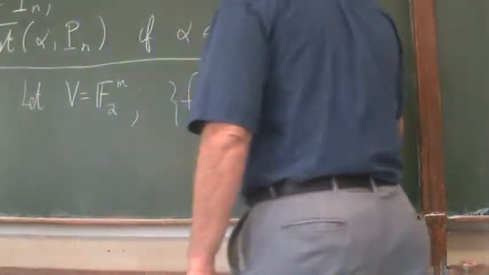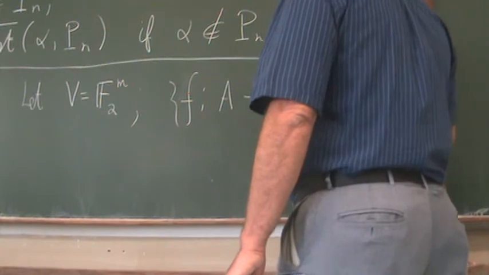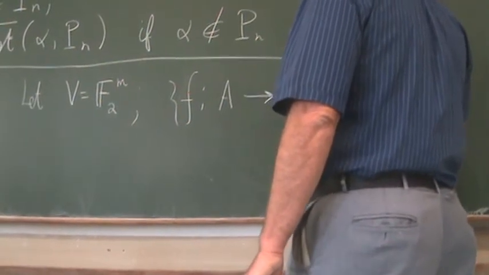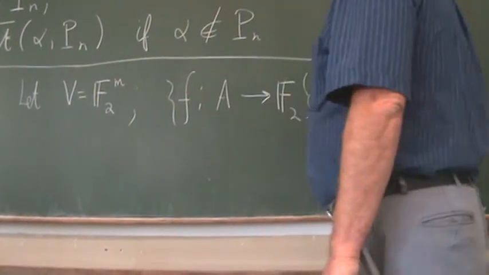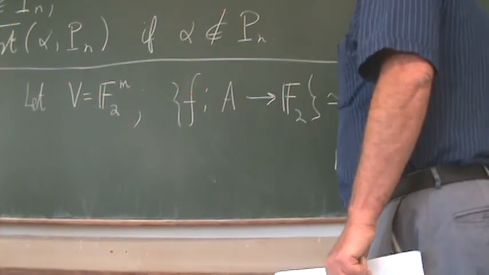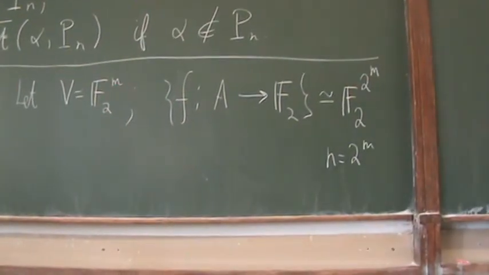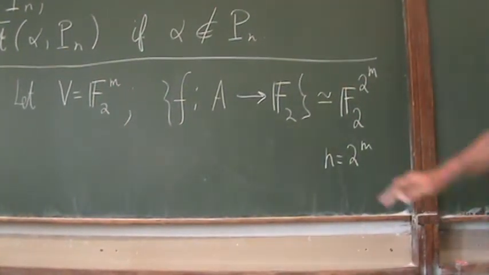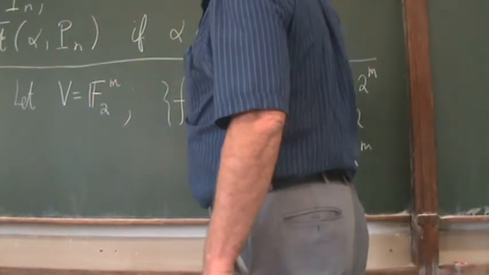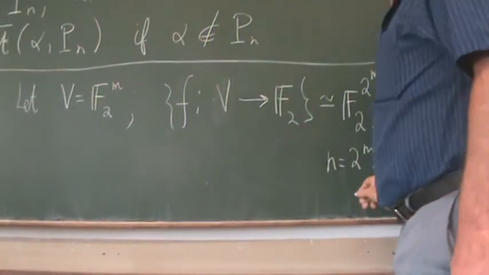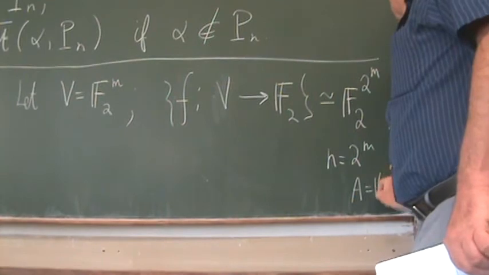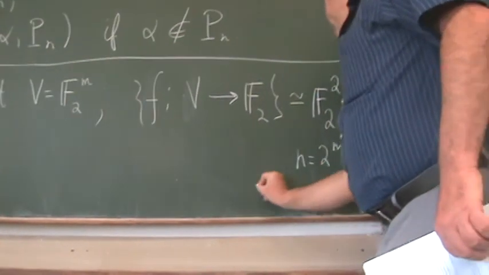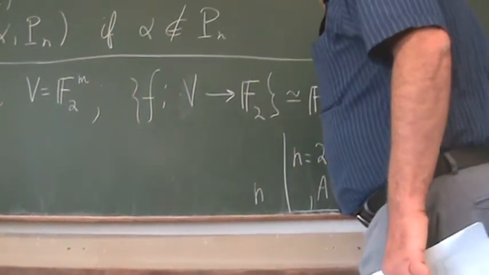This can be identified with F2 to the 2 to the M. So N will be 2 to the M. I took all possible functions from V. So for me, A now is F2, and N is 2 to the M.